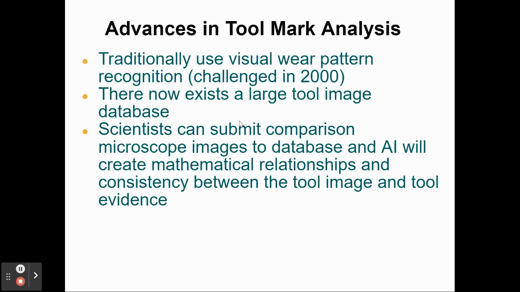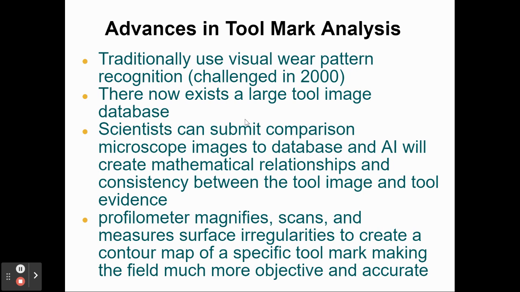And so now forensic examiners or toolmark examiners have the ability to submit images from the comparison microscope, and they can feed this into the computer, and that computer, using AI, is able to determine the relatedness of the two different images. So do they match, or are they very close to one another, or are they very, very different? So again, it just saves a person from having to go through and look at hundreds of thousands of millions of different images.